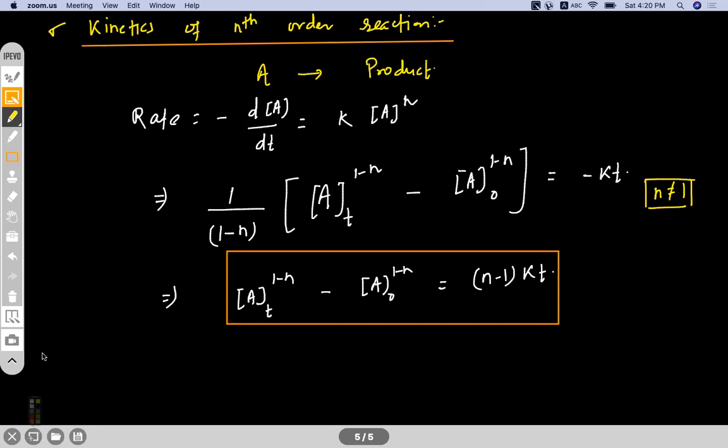So you find out t half here. T half is equal to, we can substitute A t is equal to A naught by 2. So t half could be 1 by n minus 1 into k, A t is A naught by 2 to the power 1 minus n, minus A naught to the power 1 minus n.